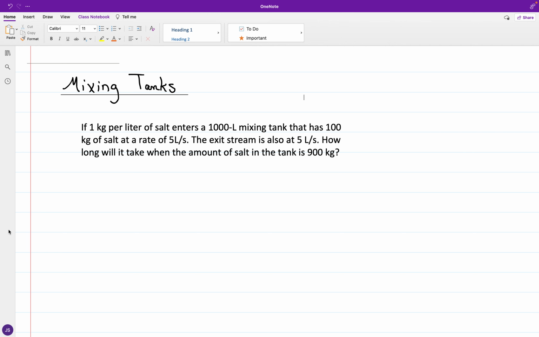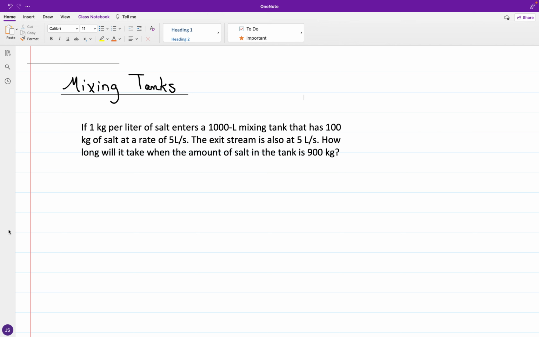Looking at what we have here, in this leadoff example, we have 1 kilogram per liter of salt entering a 1,000 liter mixing tank that contains 100 kilograms of salt. The 1 kilogram per liter of salt is entering at a rate of 5 liters per second, and the exit stream is also running at 5 liters per second.